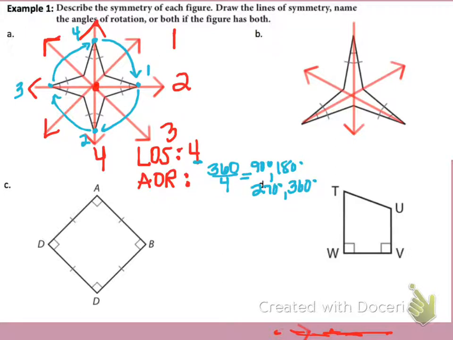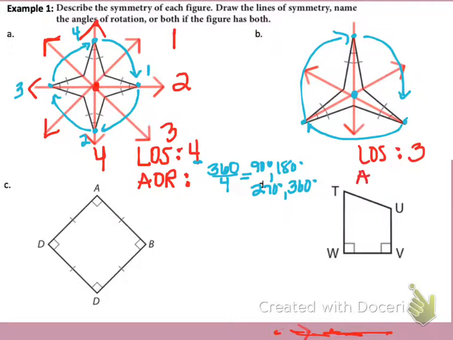These lines end up crossing right here at this point. And you can see that if I started with, say, a point right here and rotated, it would map onto itself there, and then here, and then back to the beginning, right? So we know that this has 4 symmetry lines. I'm sorry, not 4, did I say 4? I mean 3. 3 lines of symmetry.